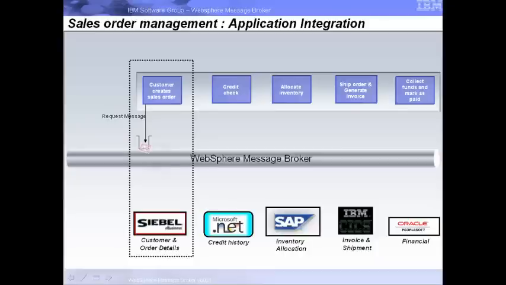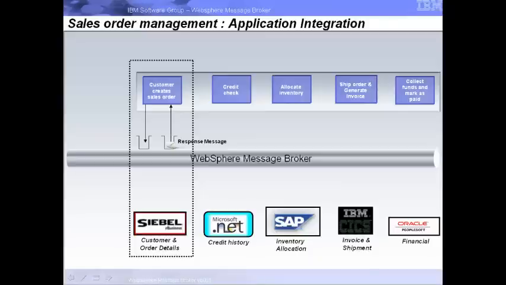Message Broker picks up this message, transforms it, and then retrieves the required information from the backend systems. Once Message Broker has received the details from the backend systems, it transforms the message in a format that is requested by the application and sends this message to another queue.